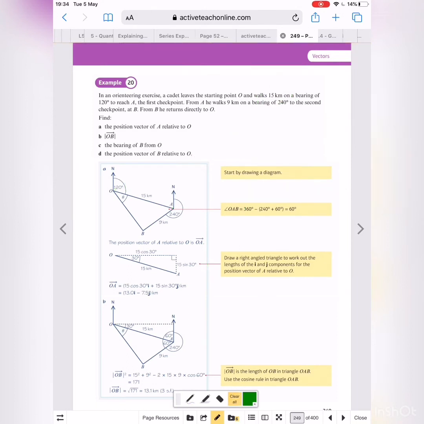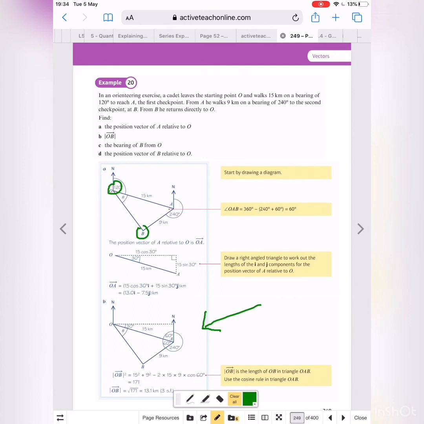Okay, so then let's have a look at part B. So again, the magnitude of O to B. What we then need to do, as it says here, is add on all of the angles we know. So we know that that is 30 degrees.